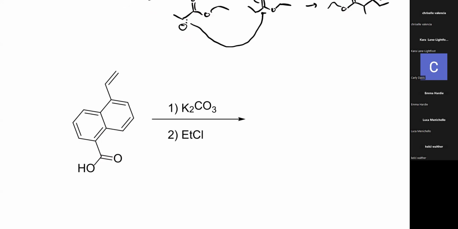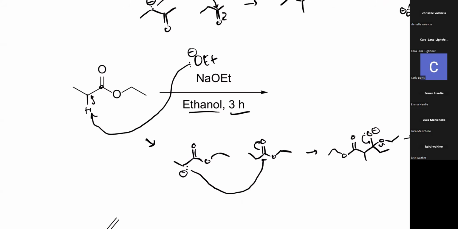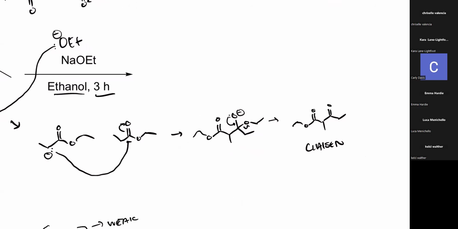Okay, so I've got K2CO3. This is a weak base. We've seen this before. This is potassium carbonate. Dr. Little, I actually wanted to ask, how can you determine which hydrogen would be pulled off in a Claisen or condensation? What do you mean?